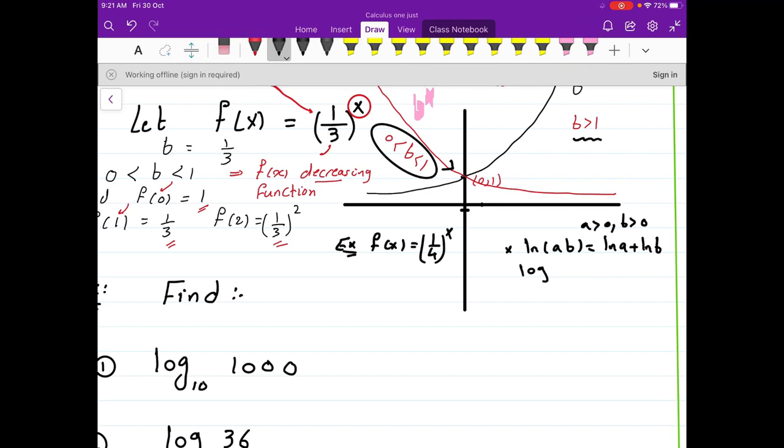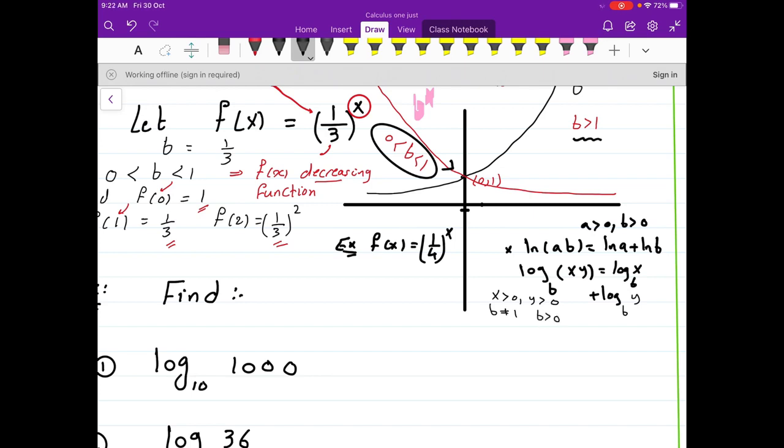We have log of xy for the base b also equal log x for the base b plus log y for the base b. What is the condition for x and y? Obviously, x positive, y positive, the base does not equal 1, and b positive.